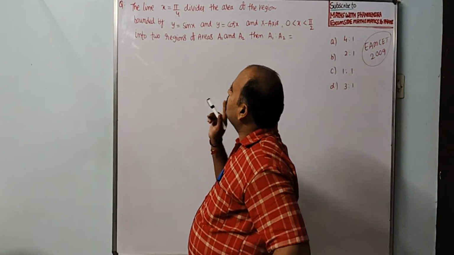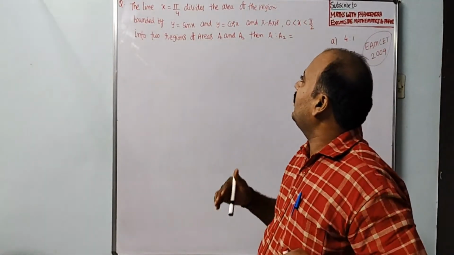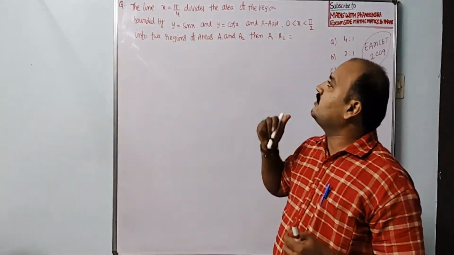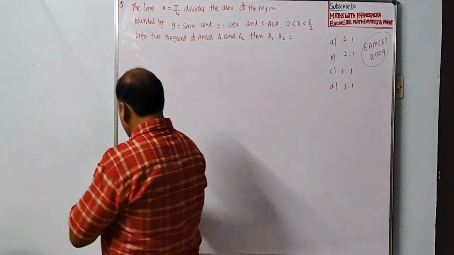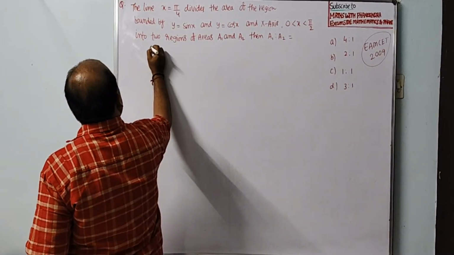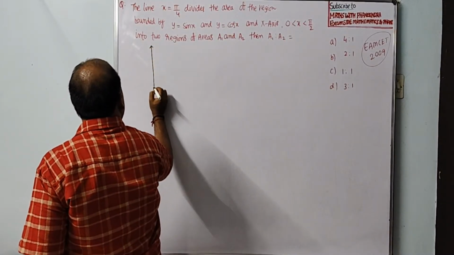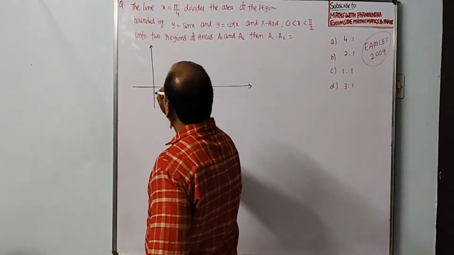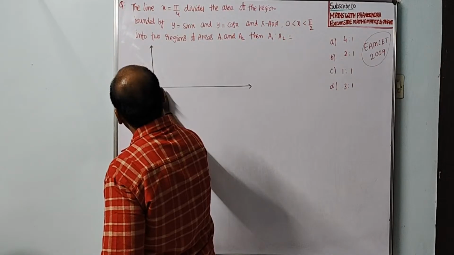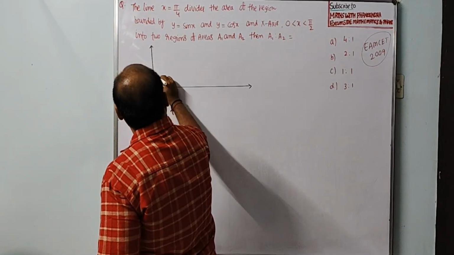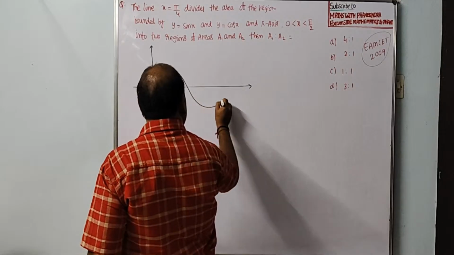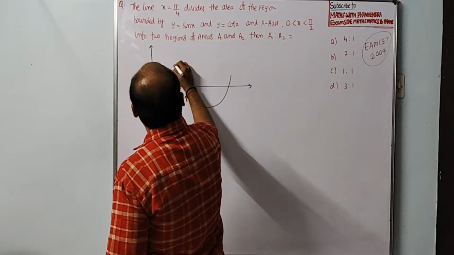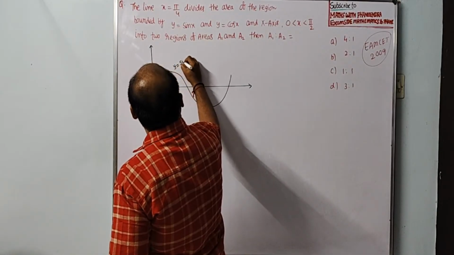So the line x equal to pi by 4 divides the area of the region bounded by y equal to sin x and y equal to cos x. We need to draw the figure. This is y equal to sin x.